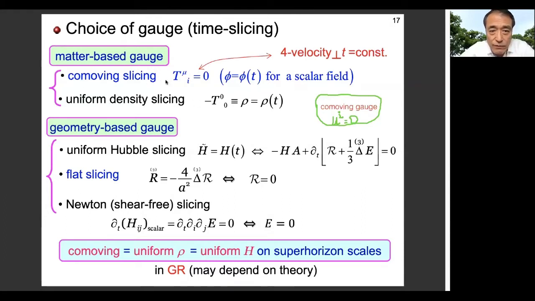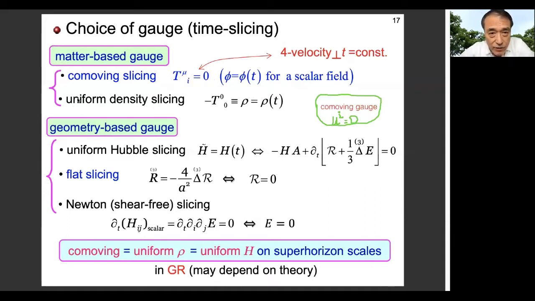Another quite important slicing is the uniform density slicing. Co-moving slicing can always be defined if the universe is dominated by a single scalar field, but as soon as you have multiple scalar fields or different types of matter that interact, then this slicing can be defined only at linear order. At nonlinear order, you cannot define co-moving slicing.